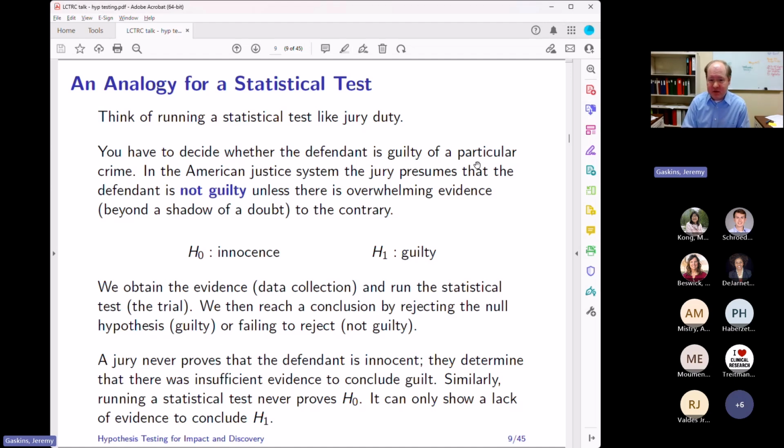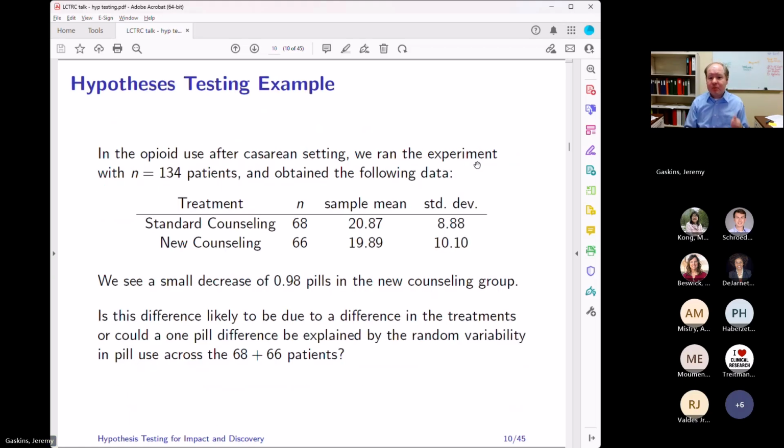We only conclude that they're not guilty or there wasn't enough evidence; we typically call this fail to reject. And so again, we can only really make an affirmative decision in terms of the alternative of guilt. We don't make a decision in favor of the null. We may just stick with our default belief.